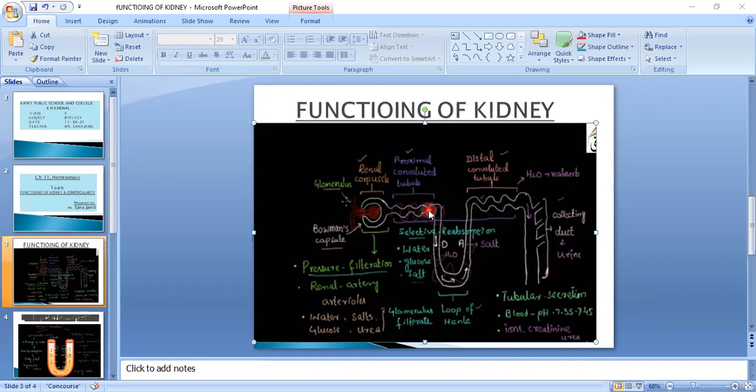What is active transport? The flow, or you can see the movement of molecules from the area of lesser concentration towards the area of higher concentration across the energy gradient. It means that it utilizes energy. So this process takes place here in this proximal convoluted tubule to reabsorb these salt contents.